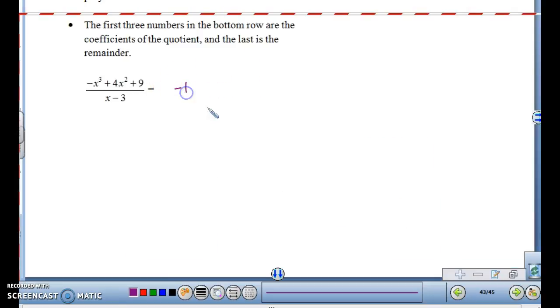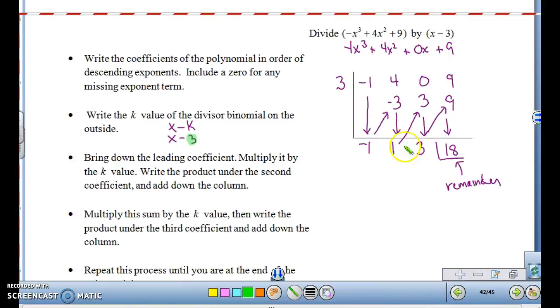Negative 1 was my first coefficient. That will be x squared because it's 1 less than the original. The next term was 1x, and then plus 3, and the 18 was the remainder, so we write it as plus 18 over x minus 3. You can see negative 1 x squared, 1x, plus 3, and then the remainder.